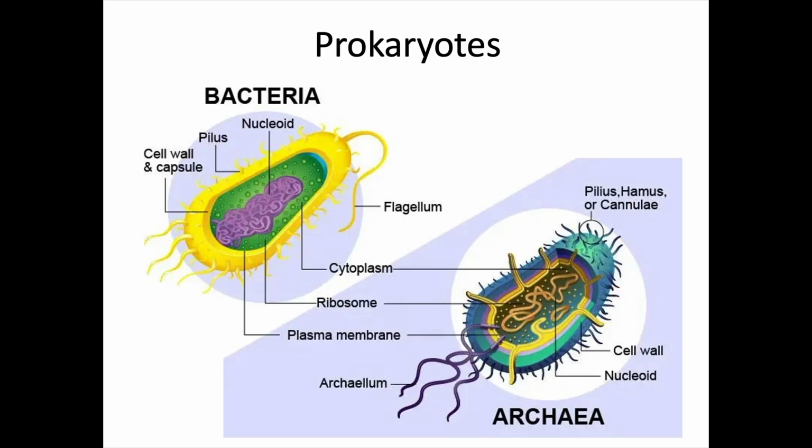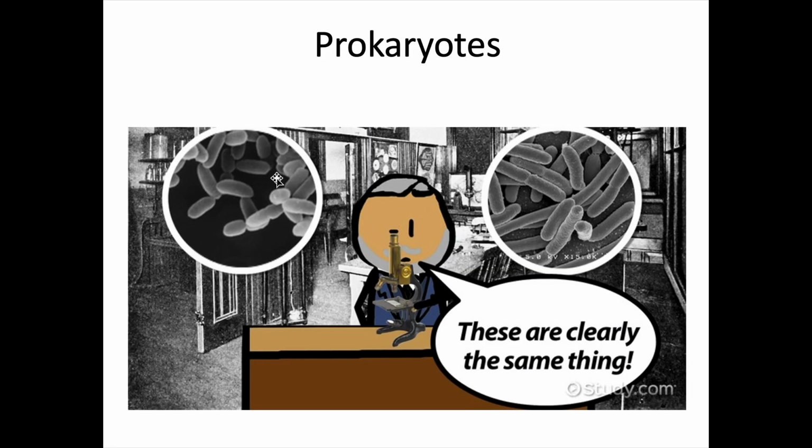You can sort of forgive ancient scientists for looking at these things under a microscope and saying, hey, they look exactly the same. They're simple small cells that don't have a nucleus. Let's lump them together. And that's exactly what happened. So this is a term that still endures and is still used a lot, but evolutionarily it has no significance. It's a paraphyletic group.